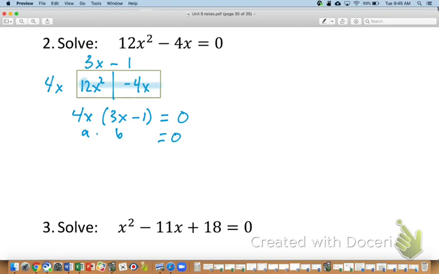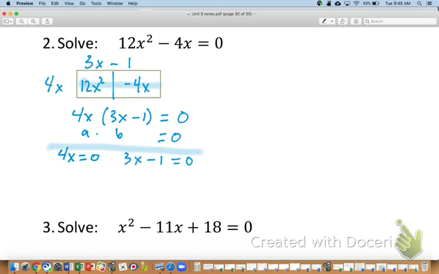Whoa, you kind of ignored the 4x. Yeah, because if A equals 0, one of the two is 0. Okay, but you were the one that said they both could be 0, right? True. So we set both equal to 0. I'm going to immediately say 4x equals 0, 3x minus 1 equals 0.